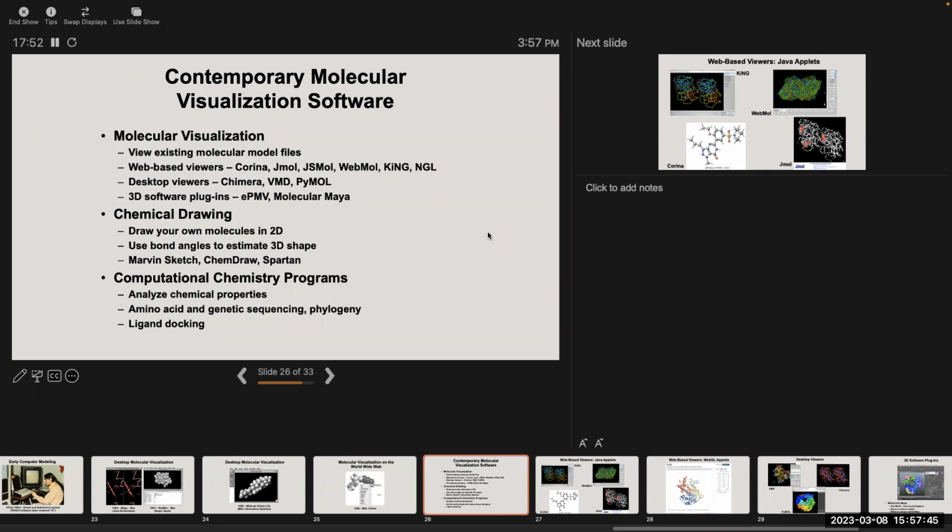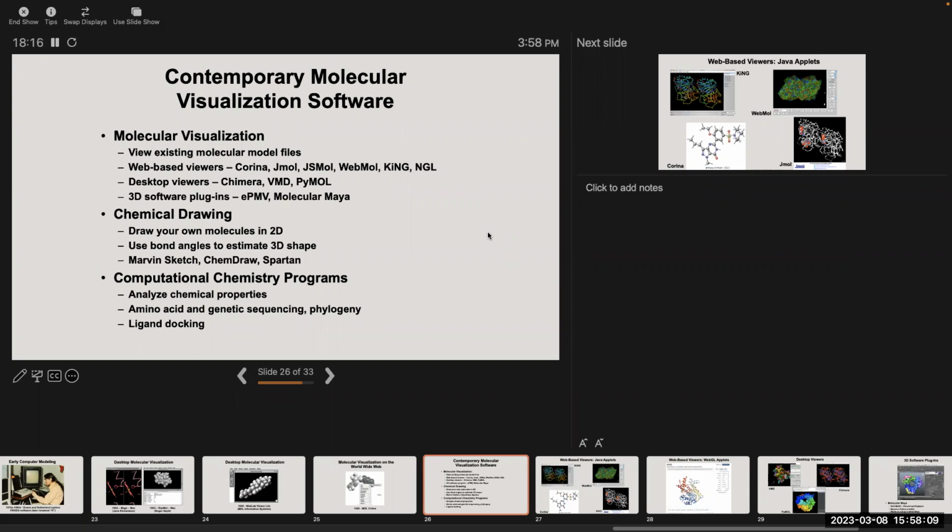Most of what we're going to work with in this class for the remainder of the semester are things that fall under this first category of molecular visualization tools that simply let you view an existing molecular model. Many of these allow you to view molecular models right in a web page, similar to that Chime program that I just mentioned.